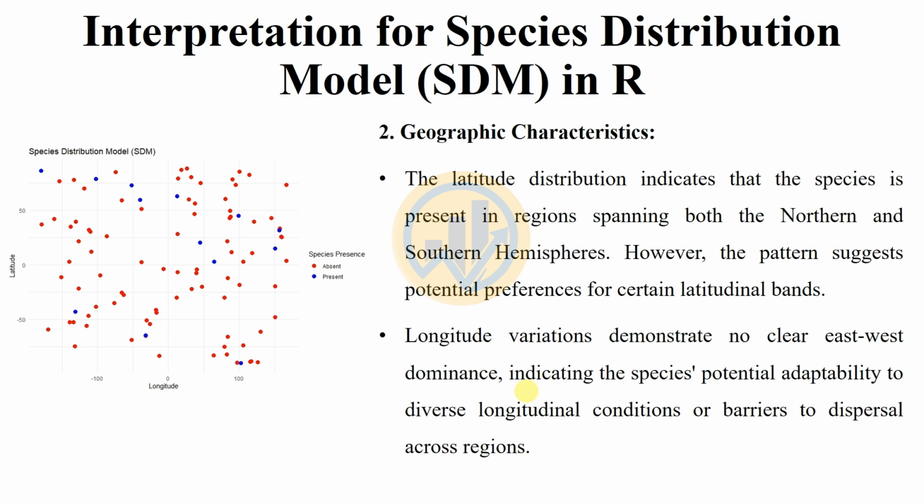Longitude variations demonstrate no clear east-west dominance, indicating the species' potential adaptability to diverse longitudinal conditions or a barrier to dispersal across the regions.